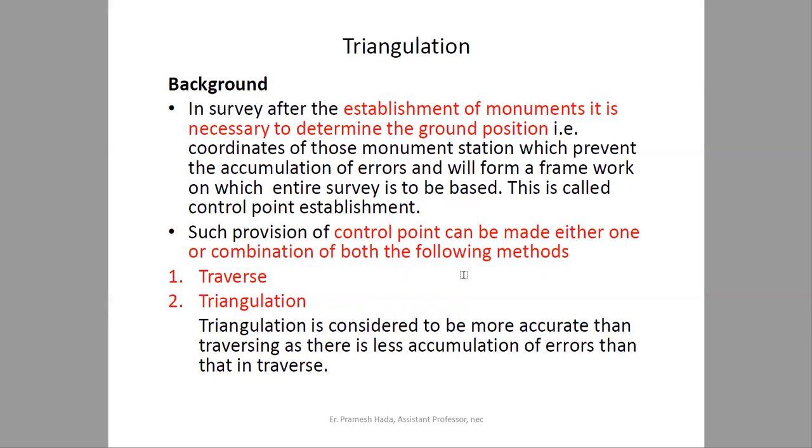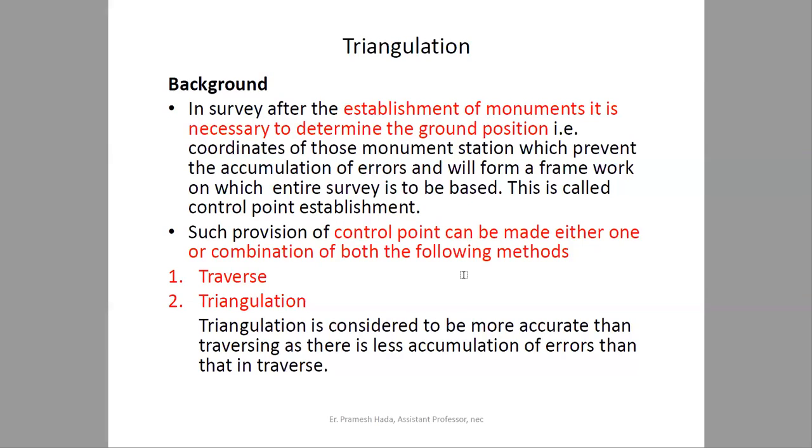So we have to find the ground position of it, and this is also called control point establishment. Such provision of control points can be made by either one or a combination of the two methods, either traversing or triangulation.